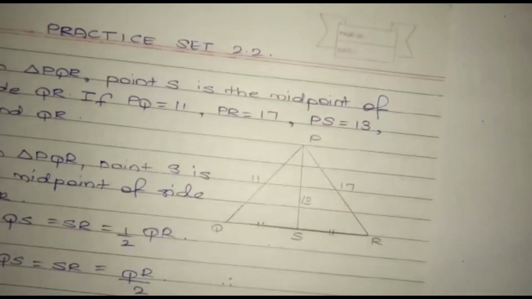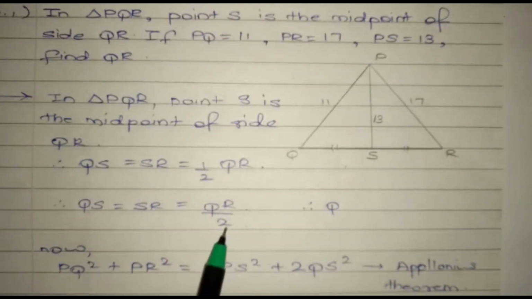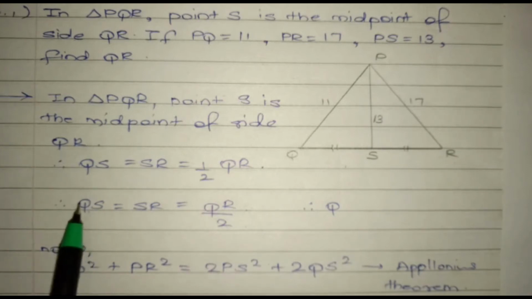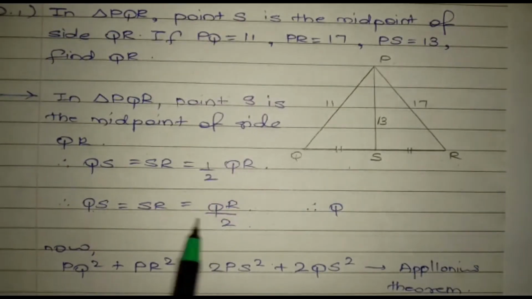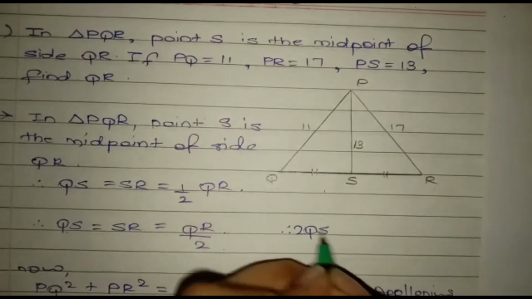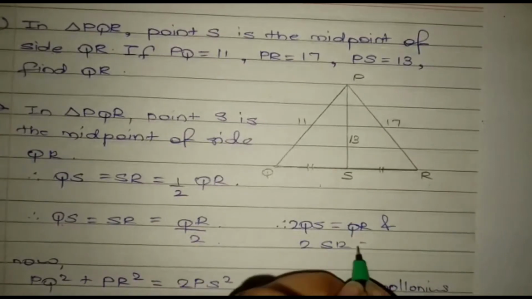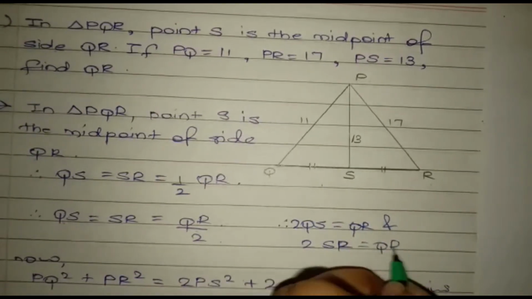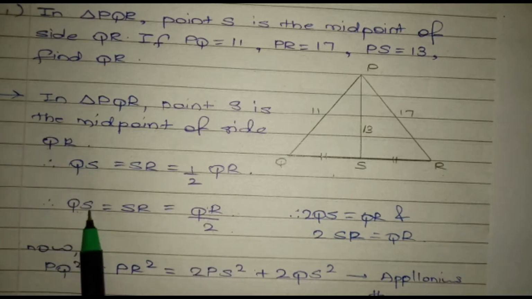So here we'll write, therefore QS, if we multiply this 2 with QS, then we'll get 2QS is equal to QR, and 2SR is equal to QR. Since QS is half of QR, QR is twice of QS.